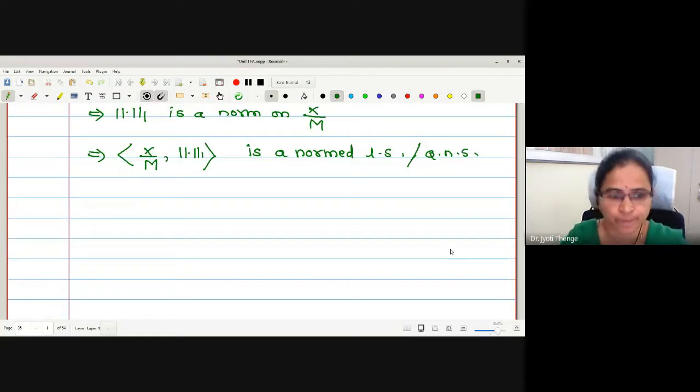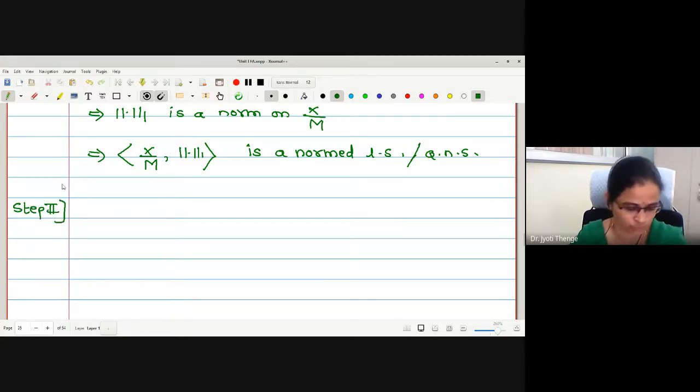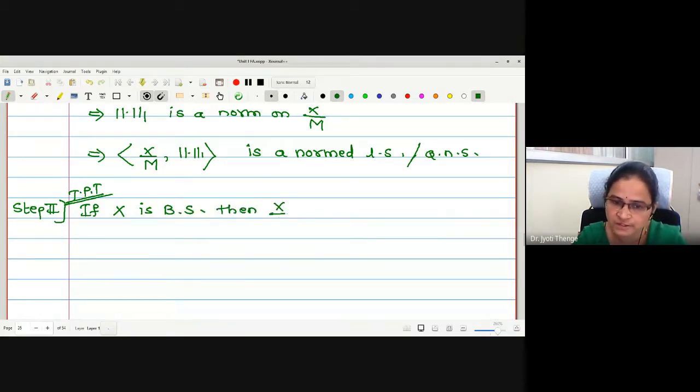Okay. Now an important step to prove. What to prove? If X is a Banach space, then X by M together with norm 1 is a Banach space.